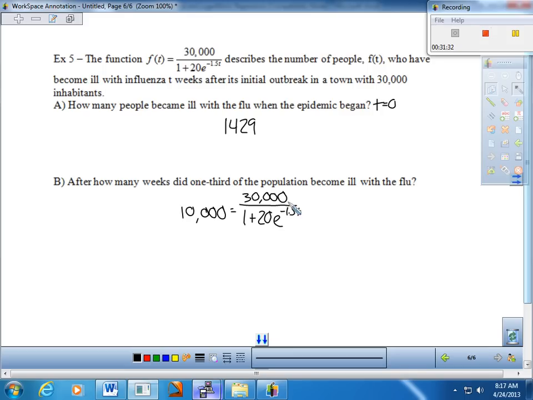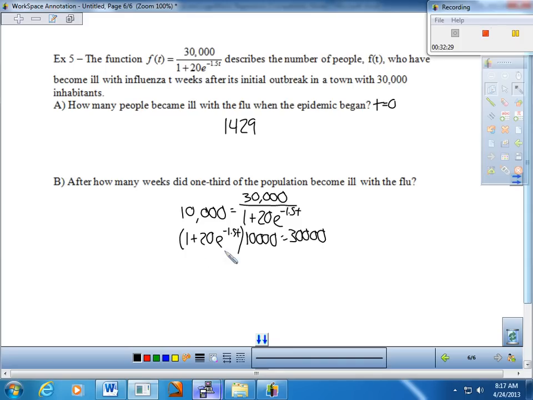Well, let's do it. Let's remedy first things first. Let's get it out of the denominator. So guys, I'm going to take this entire thing and multiply it on up to the other side. So I have 1 plus 20 times e raised to the negative 1.5t, and that's times 10,000. And that equals 30,000. So I brought the whole thing on up. Now, almost in the same breath, I think we could go ahead and bring this 10,000 back on down by dividing by 10,000.